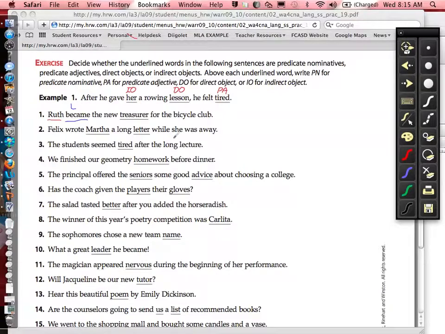Ruth became what? Ruth became treasurer. What part of speech is treasurer? Treasurer is a noun. Therefore, it is the predicate nominative.